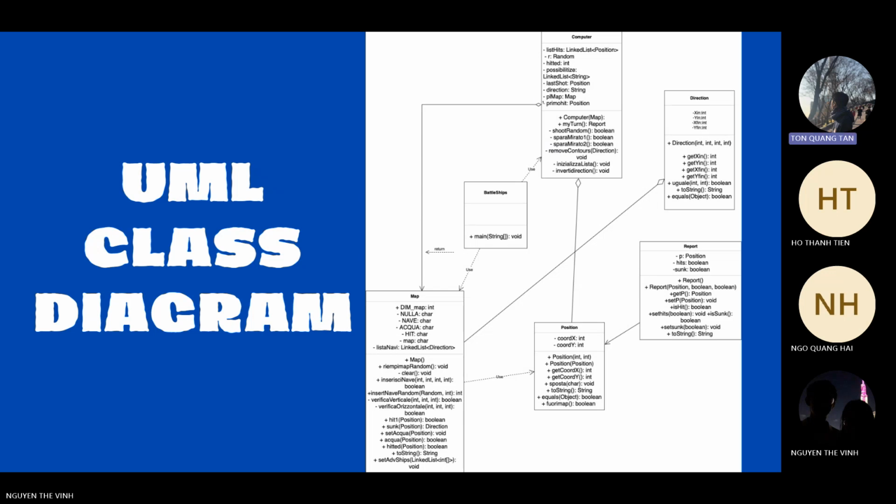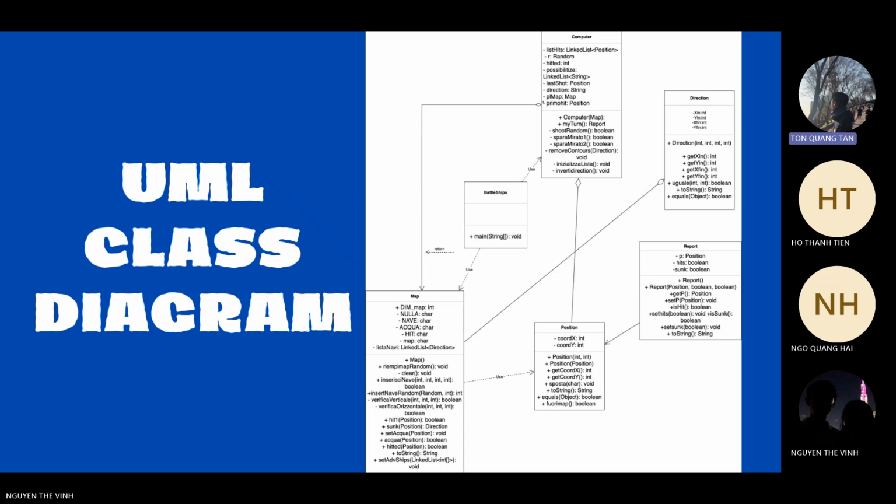Next is the computer with attributes like list hits track for tracking hit positions, or random is used as the random number generator for decision making. Hits tracks the number of hits, and you can see the direction for the current direction of attack, and also the other attributes.